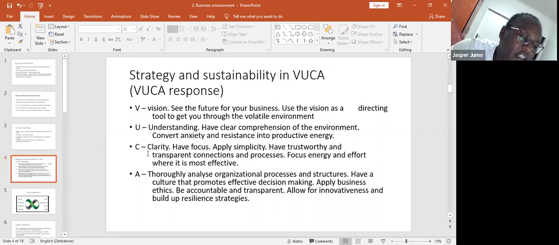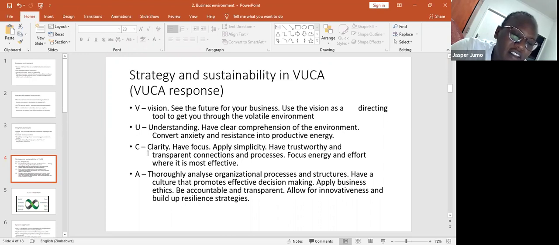And then C, which was on the challenges for VUCA, it was complexity. Now it's clarity. Clarity means to have focus, to have a clear picture of everything. You run your business in such a way that you take things in a simple way, but not being stupid.